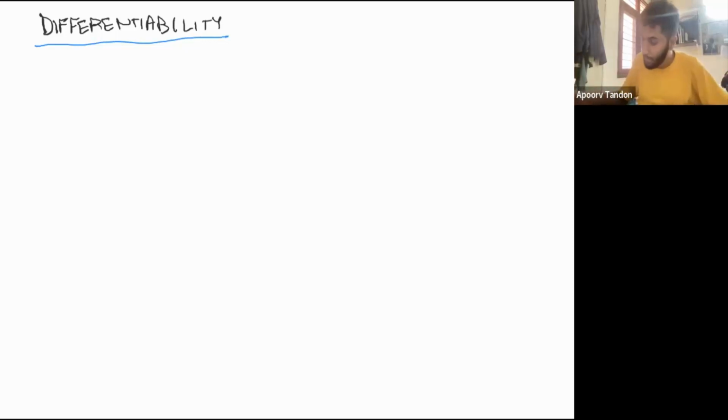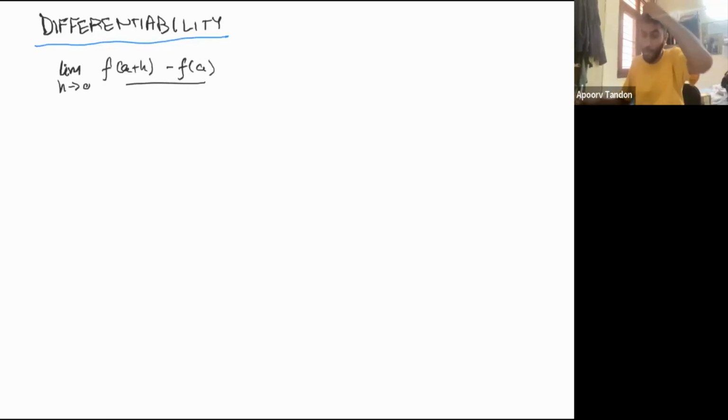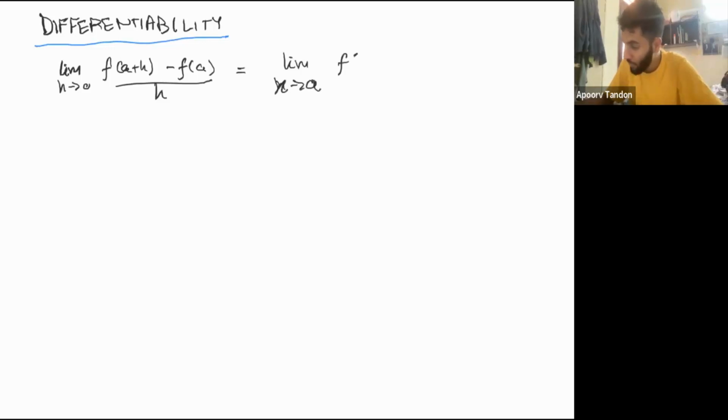So mathematically, what the first principles definition of derivative was saying is that the limit as h tends to 0 of f of a plus h minus f of a over h, where a is the point in question at which we're finding the derivative, should be equal to the limit as x tends to a of f of x minus f of a by x minus a.